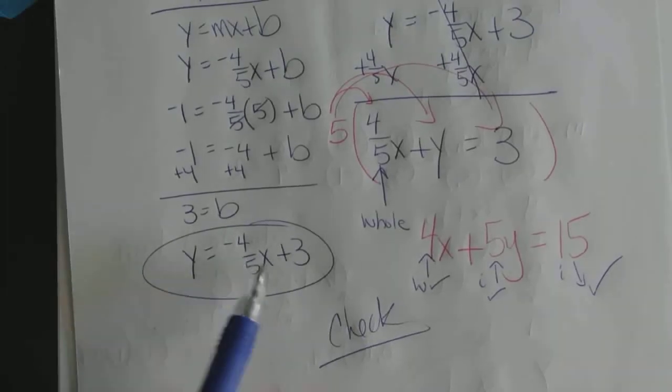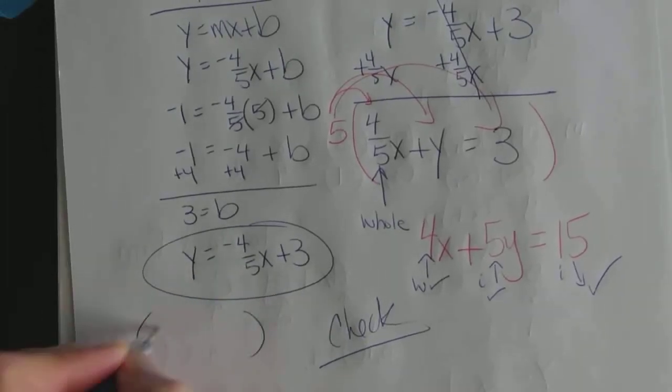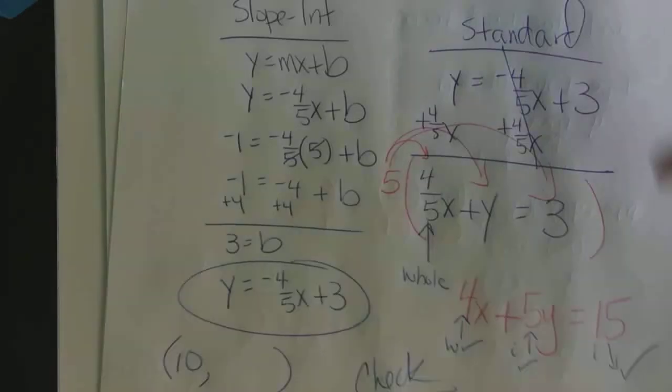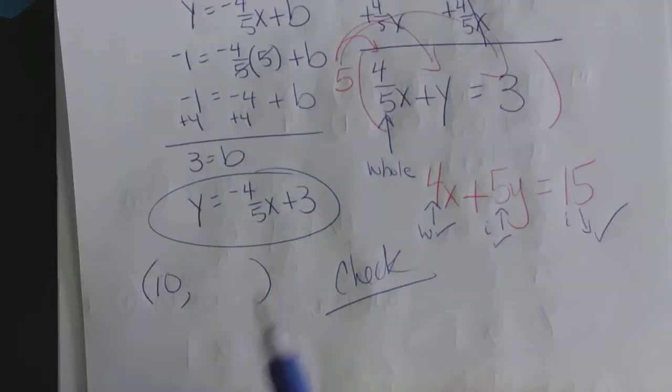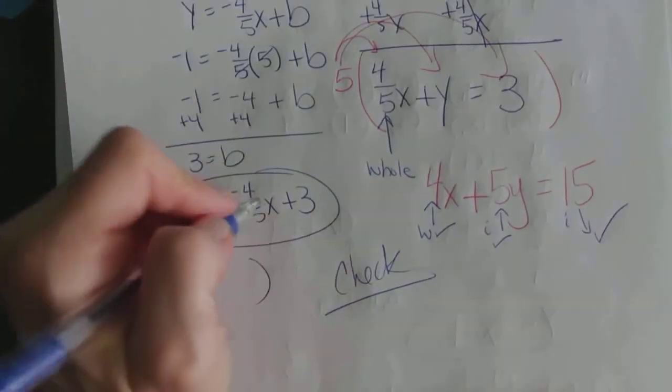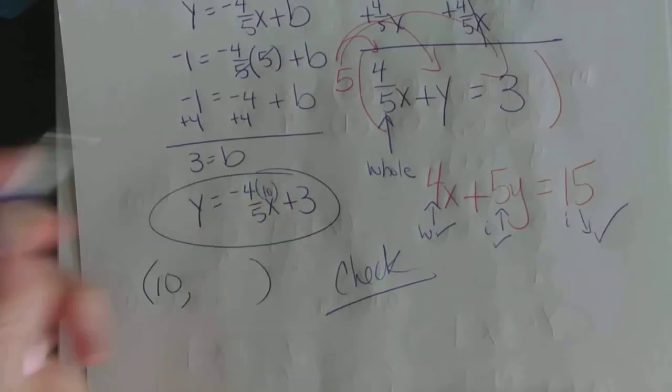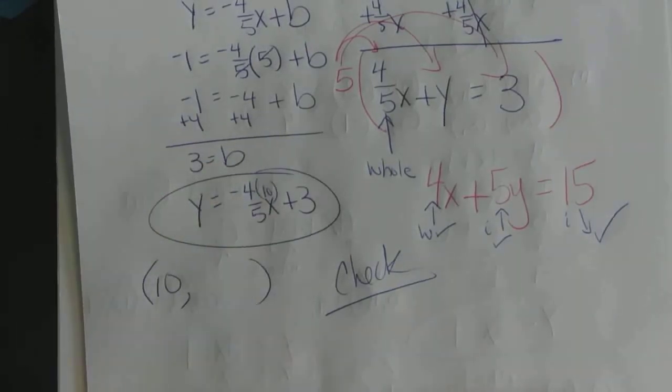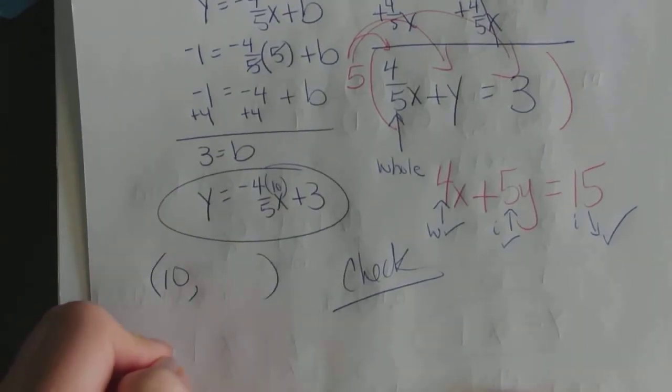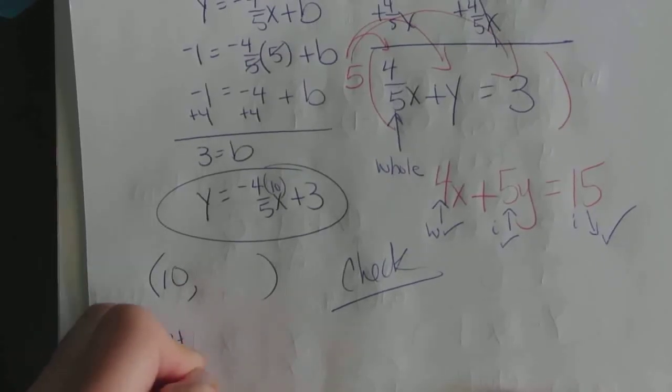I'll show you how. Let's just check it. So if you wanted to check for sure, let's just let x be something. Let's let x be 10 because it's easy to work with. So if you put a 10 right there, you're taking negative 4/5 times 10.